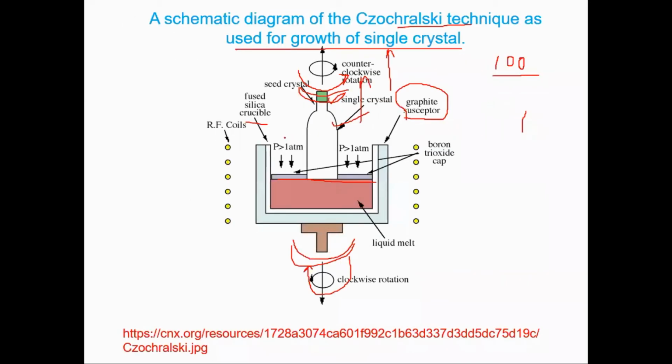Your crucible, that means fused silica crucible, so that it does not react. Otherwise, if you put a crucible of another material, there are chances that the molten silicon EGS, because this is very pure, can react with your crucible. So to avoid that, we get it fixed like this.